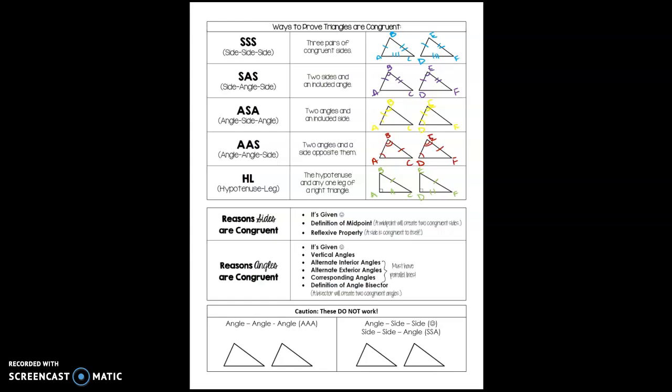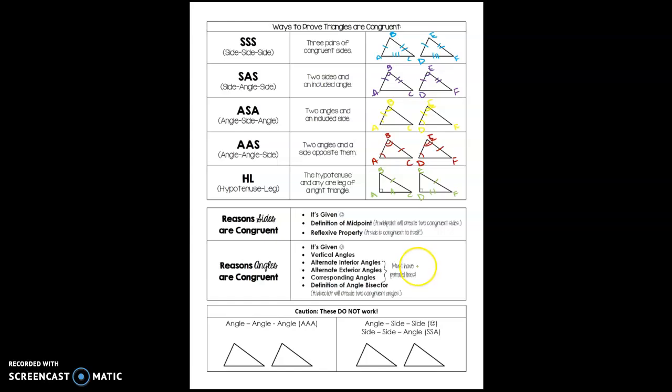Okay, and then we also wanted to talk about a couple reasons why your angles are congruent as well. Here again, we can have that your angles are congruent because it's given to you, or they're vertical angles. I feel like this is one of the biggest ones that is forgotten about. When you have vertical angles, remember that you have congruent angles across from each other, and then we can also have alternate interior angles, alternate exterior angles, and corresponding angles.